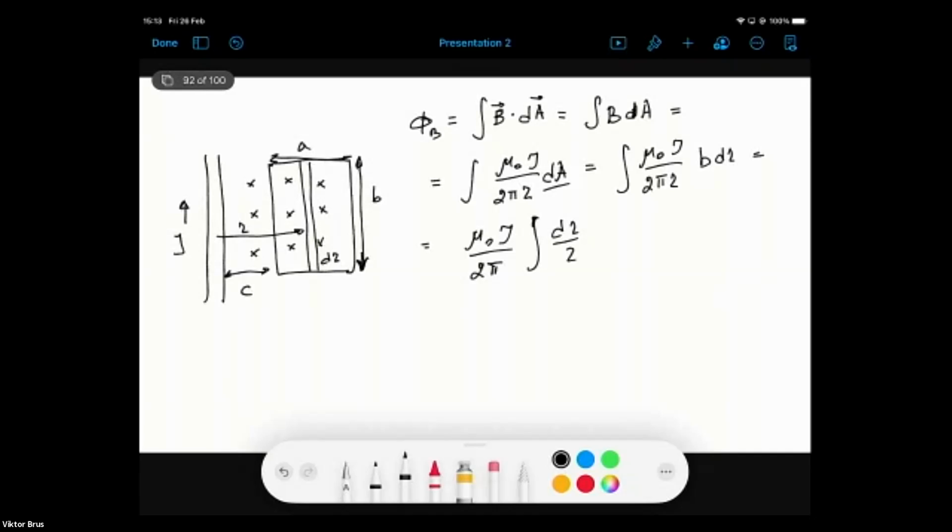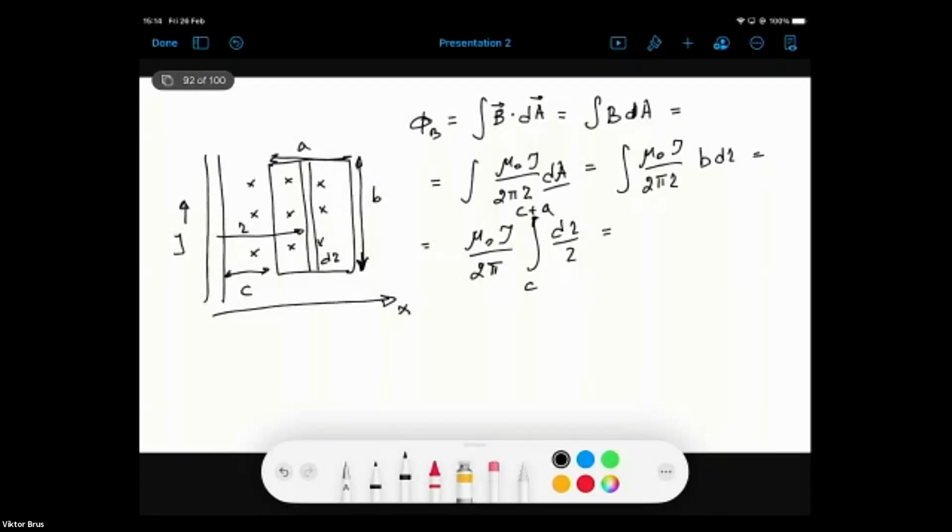And in this case, if we have our axis, let's say x, that starts at the wire and goes to the right, then we should integrate from c to c plus a, which means that we will integrate the whole area which is defined by this rectangular frame.